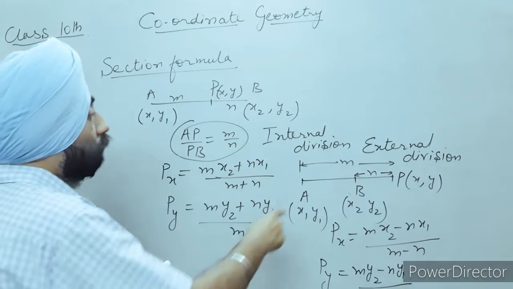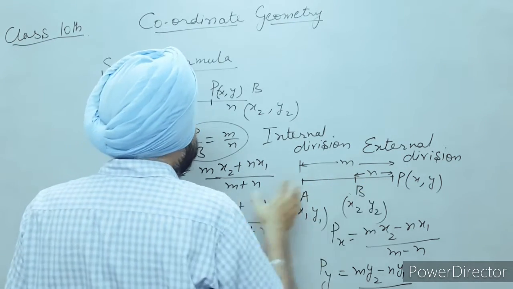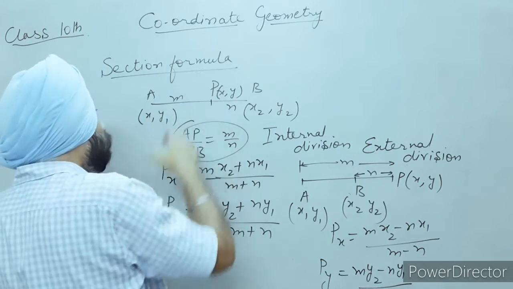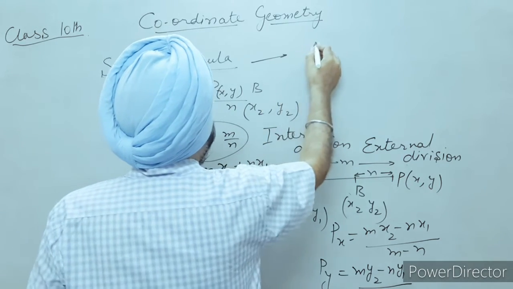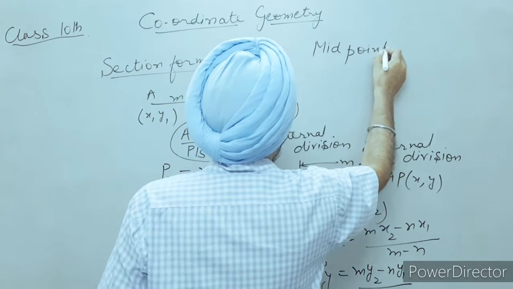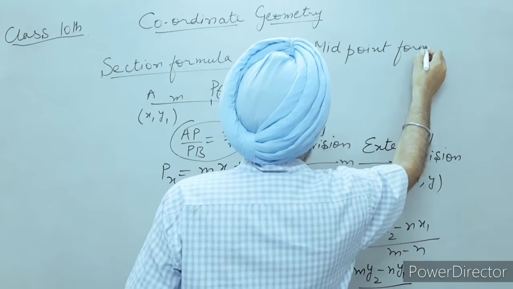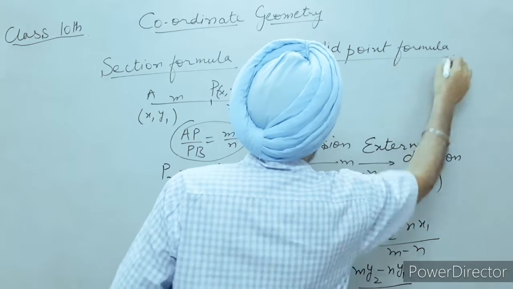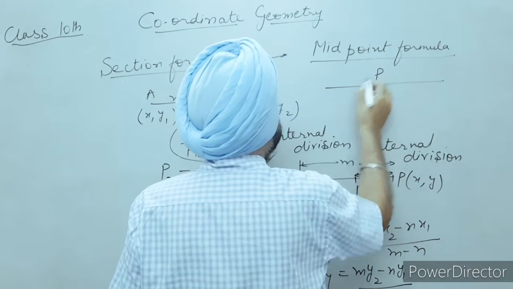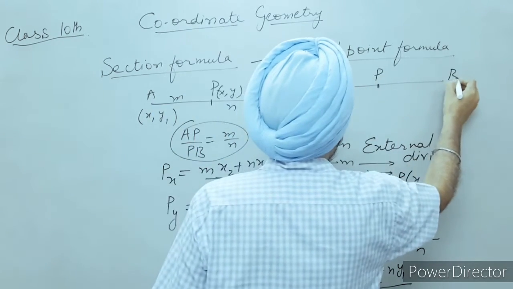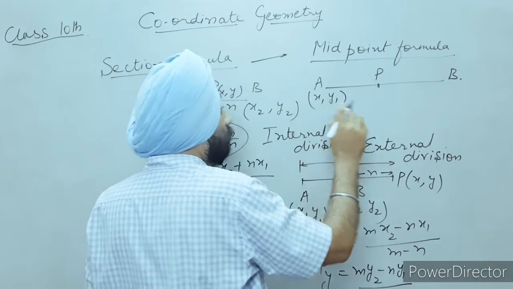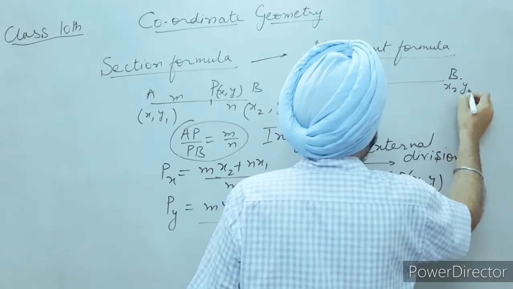Now, if the point P lies at the midpoint, then this section formula is called the midpoint formula. That is, point P is in the center of AB. The coordinates are the same, (x1, y1) and (x2, y2).